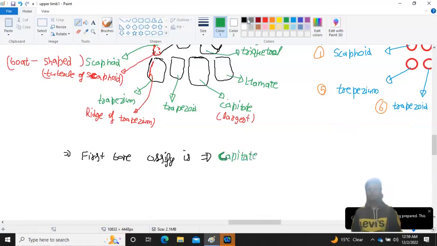And the last bone ossifier is pisiform, P-shaped.